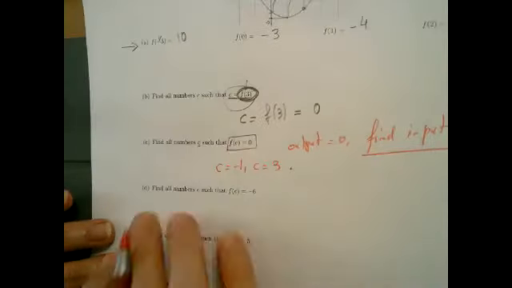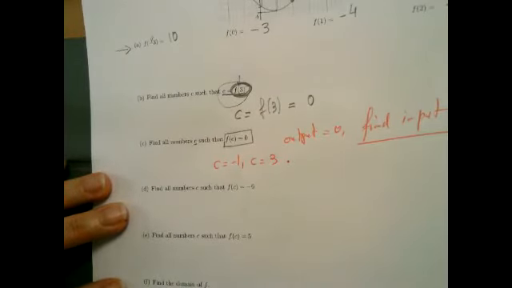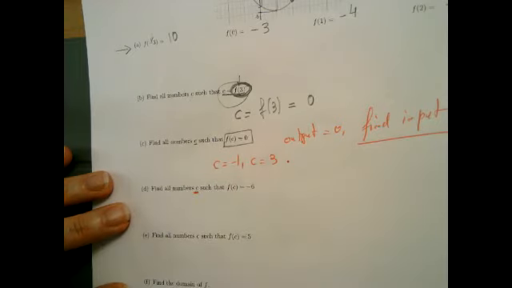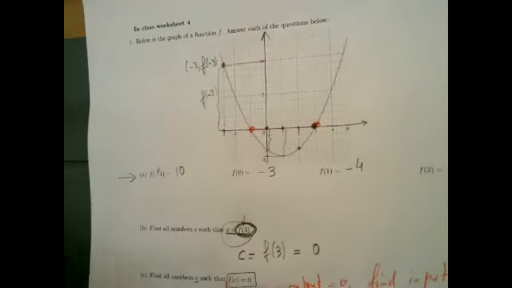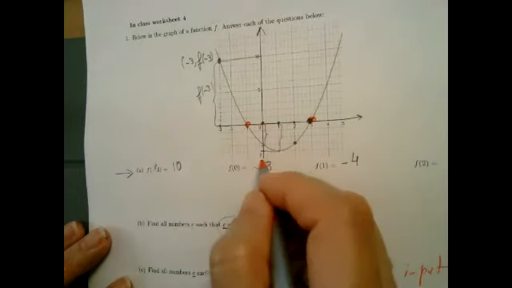Very good. So now D, find all the numbers C such that f of C equals -6. Again, are they giving me the input or the output values here? I want all the C's such that f of C is -6. It means I know the output and I want to find the input. And everybody is telling me it doesn't exist. Let me see if you are right. The output is -6.